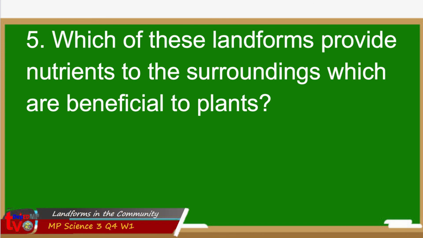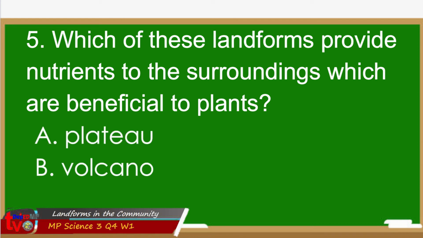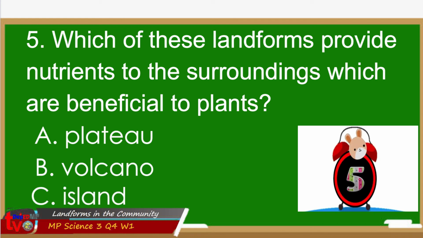Number 5, which of these landforms provide nutrients to the surroundings which are beneficial to plants? Letter A, plateau. Letter B, volcano. Letter C, island. 5, 4, 3, 2, 1.